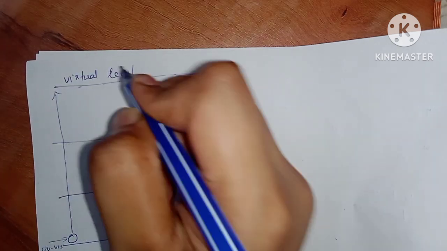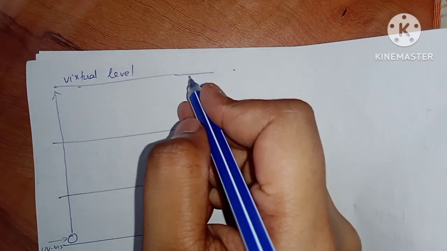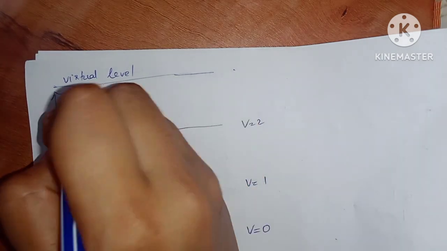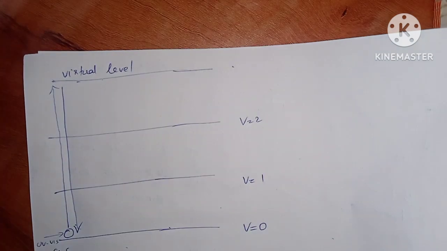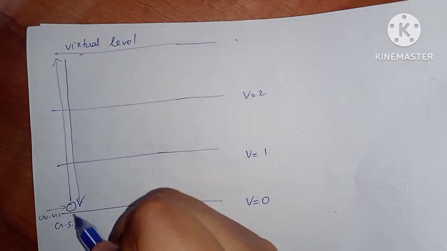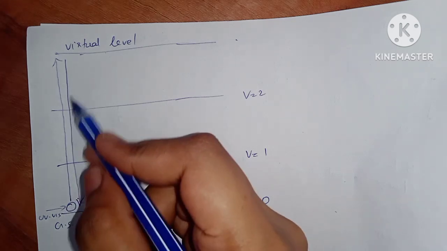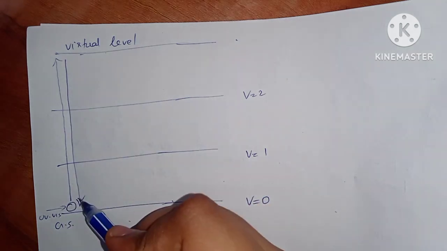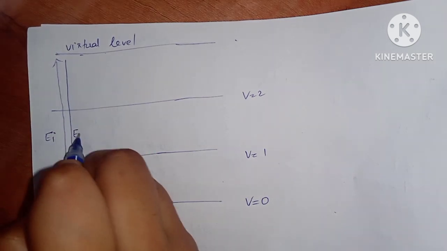Immediately it comes back to the ground state. So the energy absorbed is completely emitted when the molecule jumps back to the ground state. That means incident energy is equal to emitted energy.